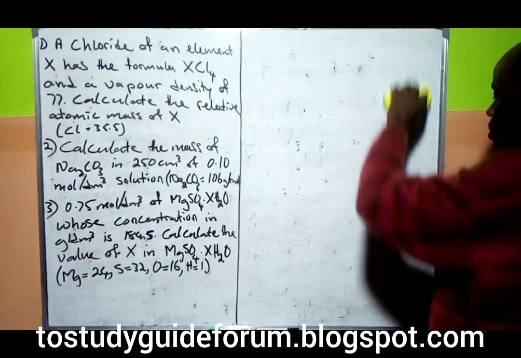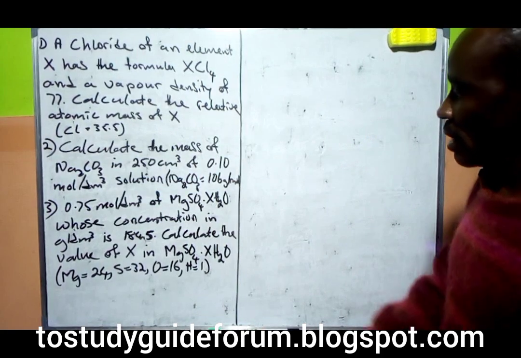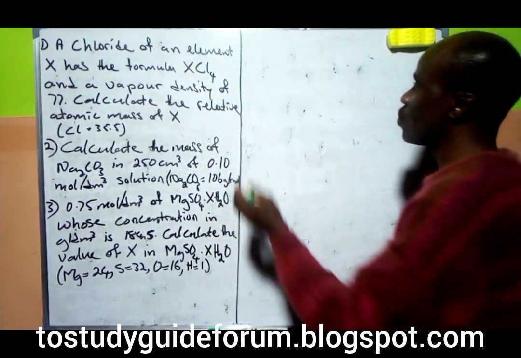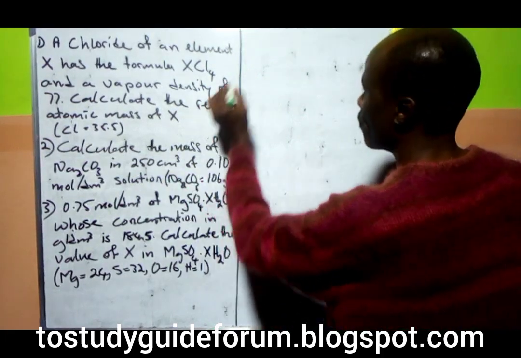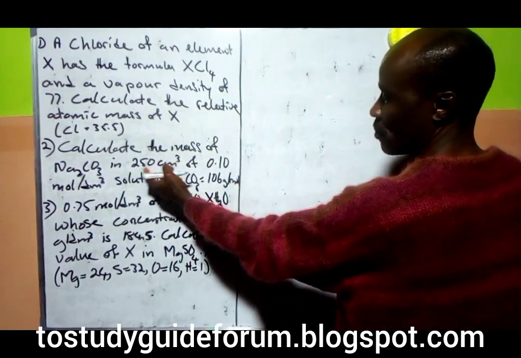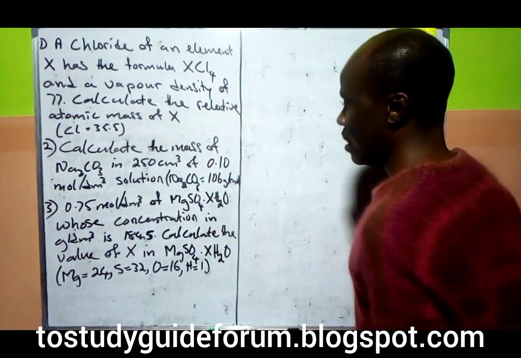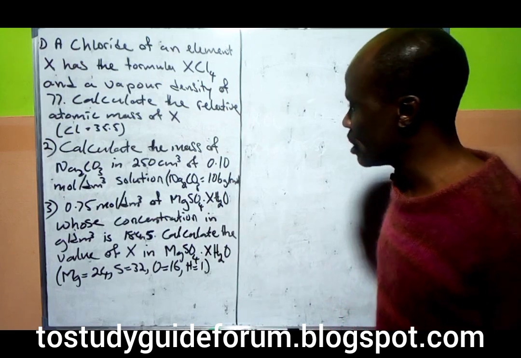What we are doing here now is that we have 250 cm³. We want to know the mass of sodium carbonate that will be here. And we know that this is 0.1 mole per dm³. Now there's something I want you to pick out from this place.